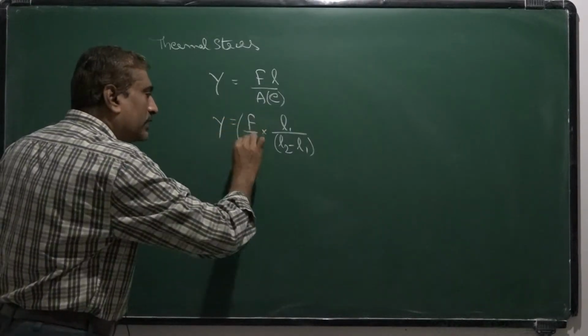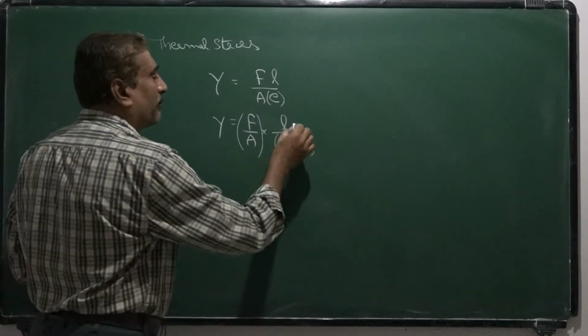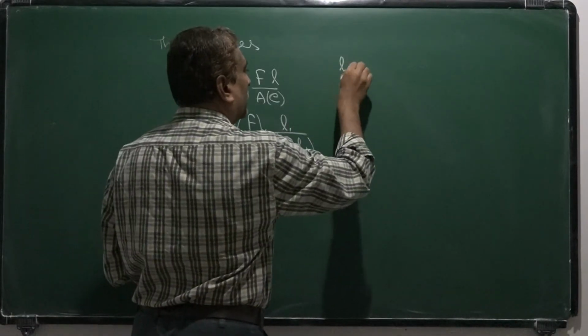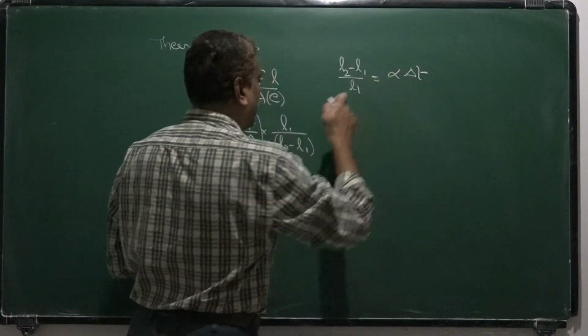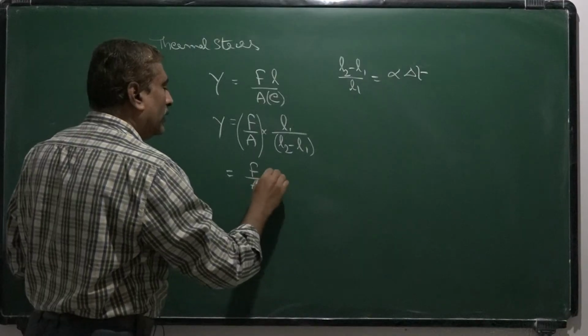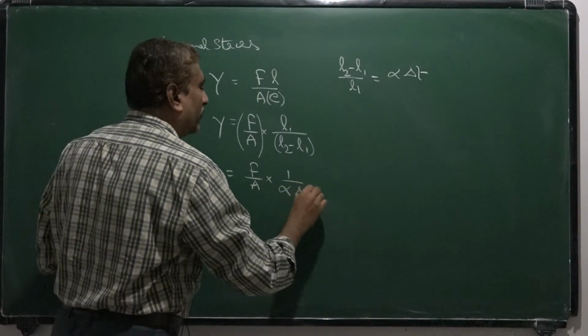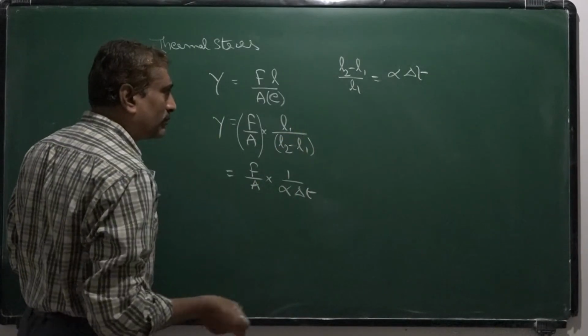Now this thermal stress means this force per unit area is called thermal stress. But as per our relation, (L2 minus L1) by L1 equals alpha delta T. So now we can substitute here: F by A into 1 by alpha delta T, so this is replaced by this term.